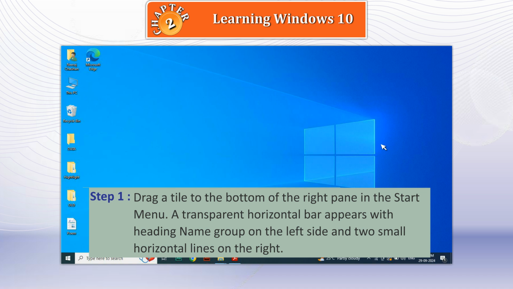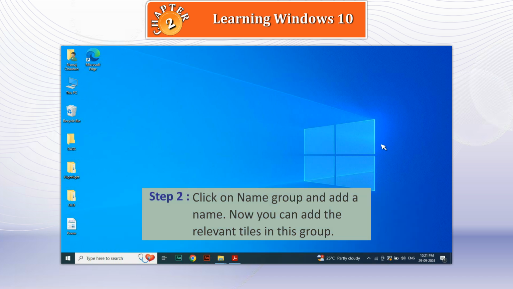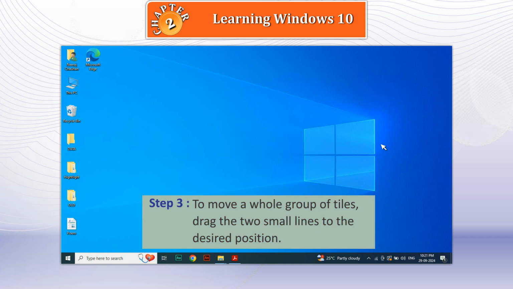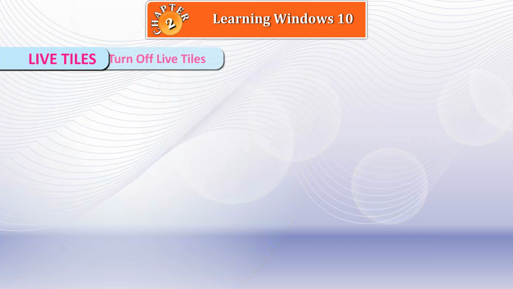A transparent horizontal bar appears with heading Name Group on the left side and two small horizontal lines on the right. Step 2. Click on Name Group and add a name. Now you can add the relevant tiles in this group. Step 3. To move a whole group of tiles, drag the two small lines to the desired position.